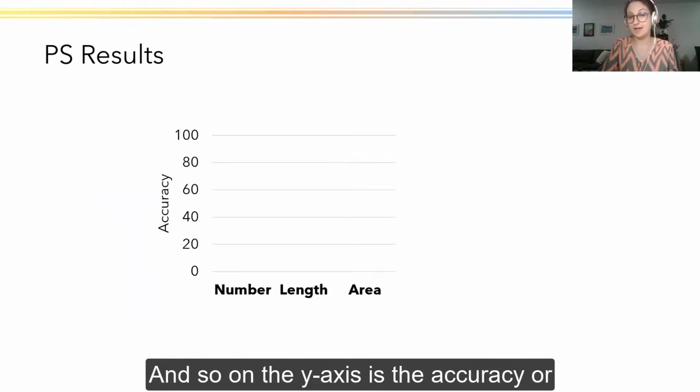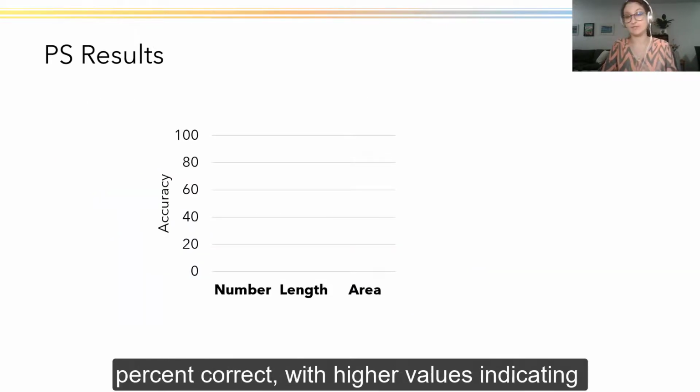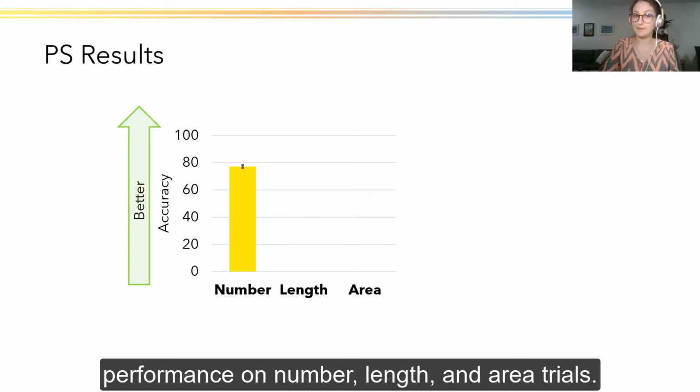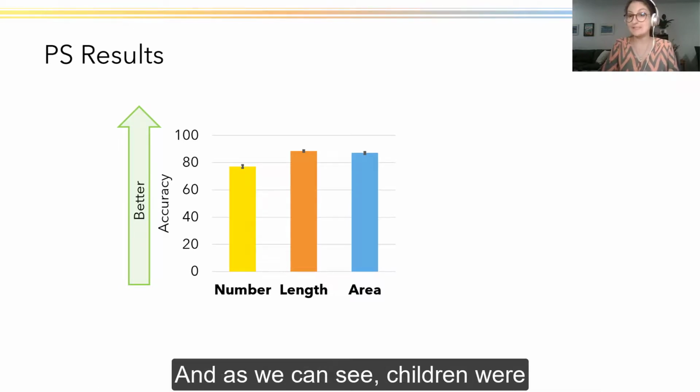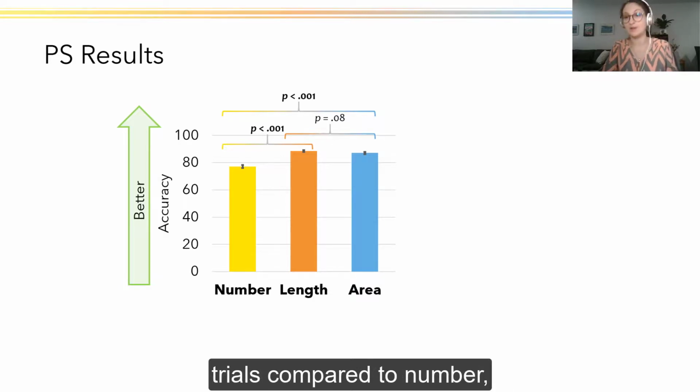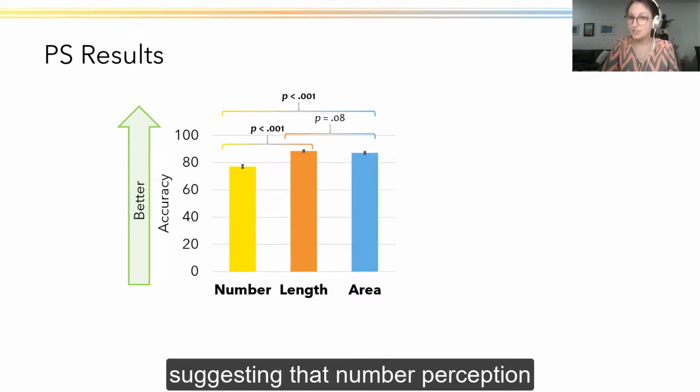And so on the y-axis is the accuracy or percent correct, with higher values indicating greater perceptual sensitivity, with the x-axis corresponding to performance on number, length, and area trials. And as we can see, children were significantly more accurate on length and area trials compared to number, suggesting that number perception is worse than these other domains.